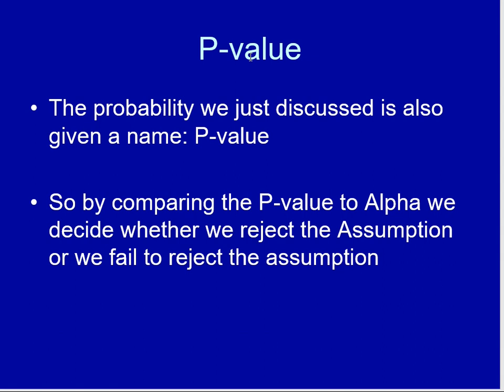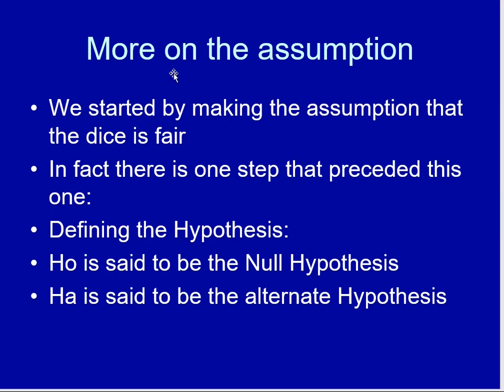The probability that we calculated, we call this the p-value. And by comparing the p-value to alpha, we decide if what we observed is rare or not rare. So right at the beginning, we have to start with the assumption that the dice is fair, and we call that the null hypothesis.